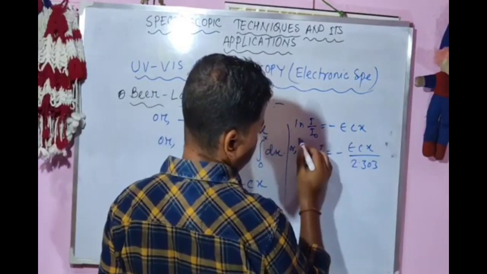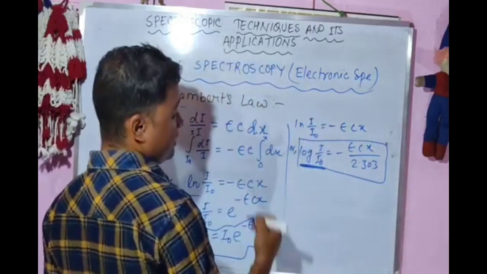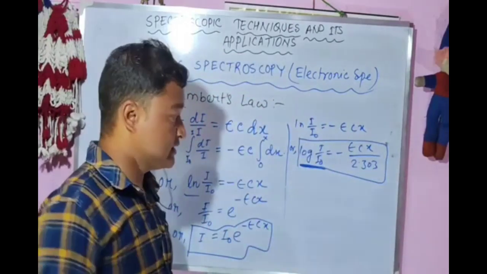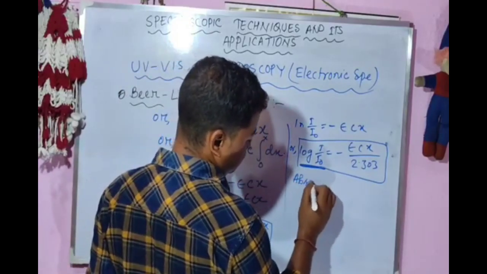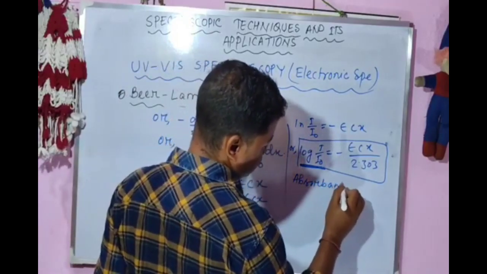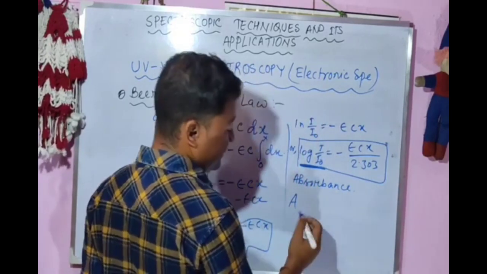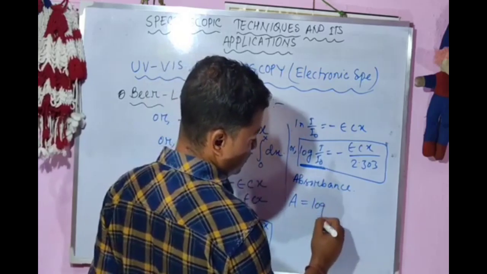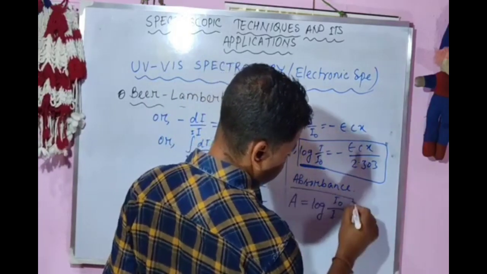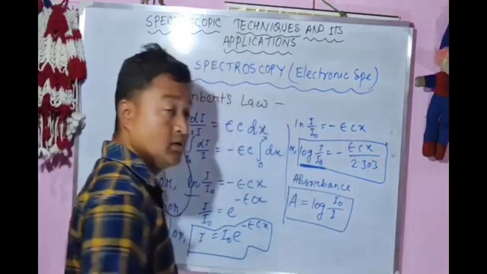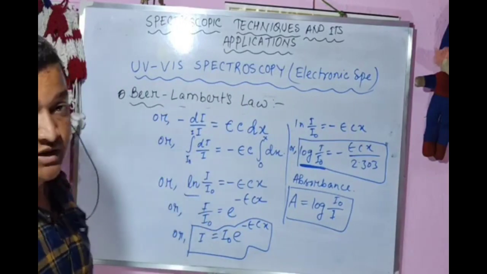This is also an expression, and here one term comes, that is absorbance. It is represented by A, and A is equal to log I0 by I. This is the total form of Beer-Lambert's law.